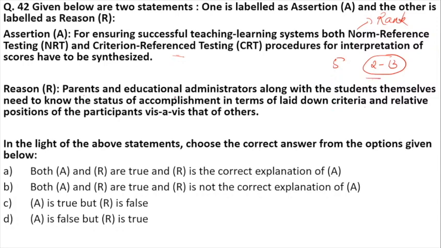So parents and educational administrators, the teachers, along with the students themselves, need to know the status of accomplishment. So all these things should be taken care of by all these people, to see if they have met the criteria or not. So here both are true and reason is the correct explanation.